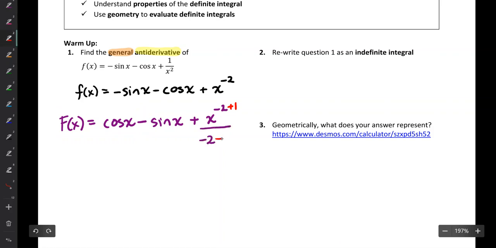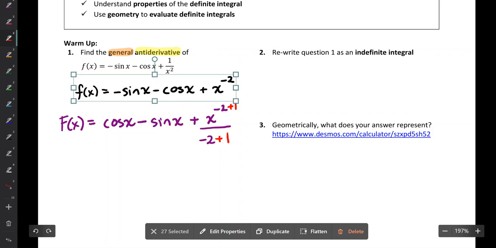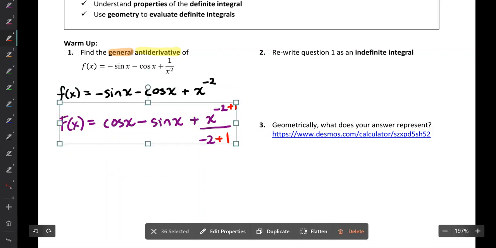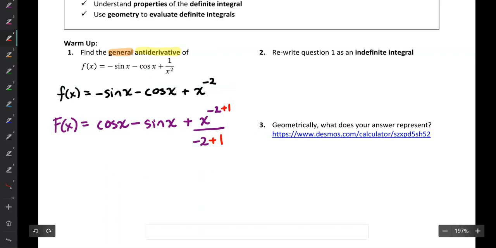I know we can do this arithmetic in our heads, but I'm going to write it out in our notes so we can remember this is a brand new rule for us. Before I clean it up, what did I forget intentionally? I forgot a plus c. The general antiderivatives all have those plus c's.